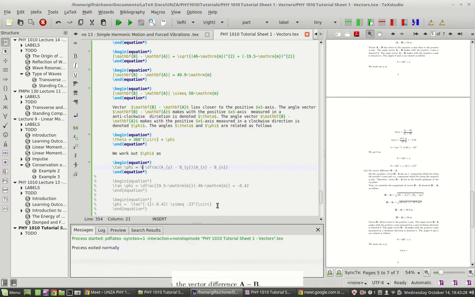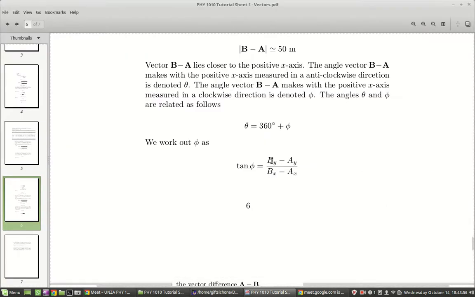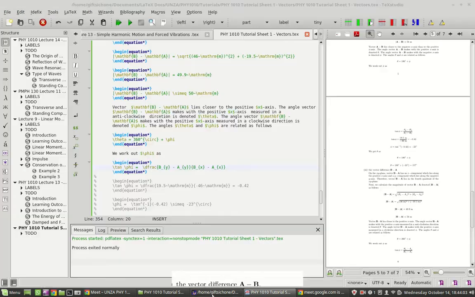It is the y component of b minus a divided by the x component of b minus a.